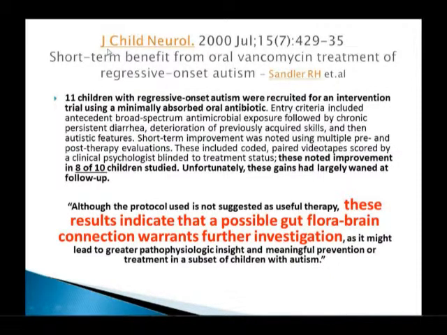These were 11 kids who had regressed on the autism spectrum after they were given some type of broad-spectrum antibiotic. That was followed by chronic persistent diarrhea, a deterioration in skills they had previously acquired, and an overall worsening of their autistic features.